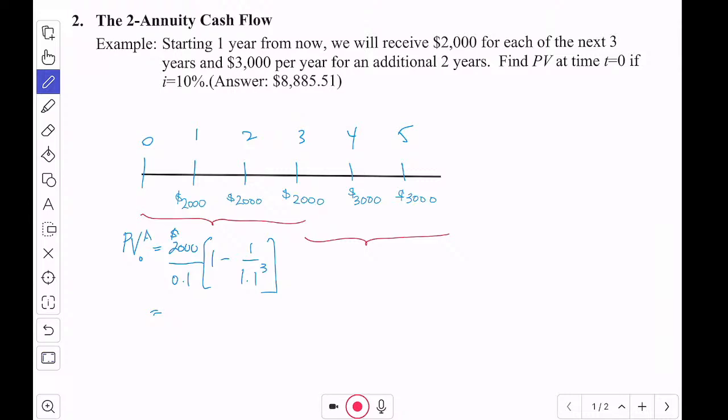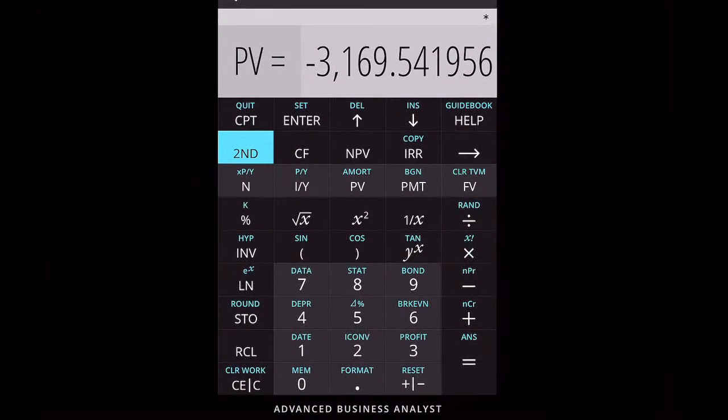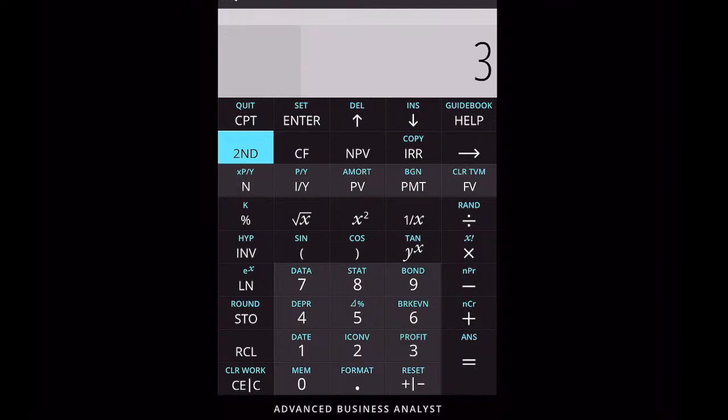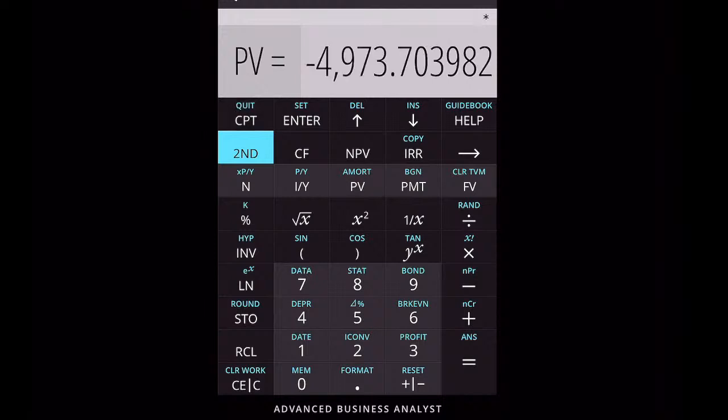So let's do that. So 3 into N, interest is 10. The payments are 2,000. I don't want FV. I'm going to compute PV.